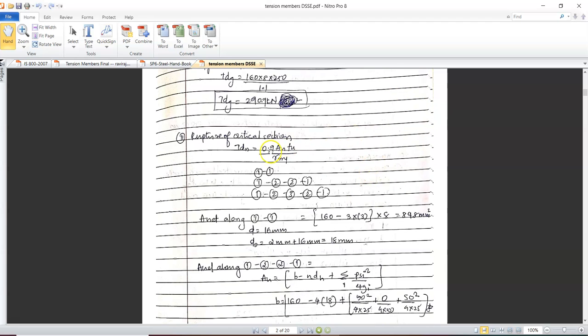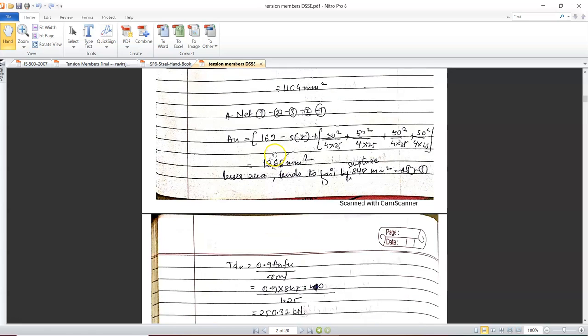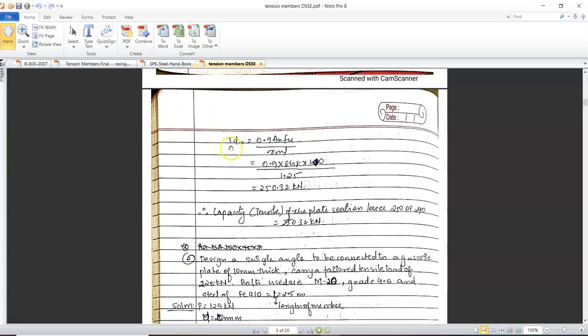This value will be substituted here to calculate the design strength due to rupture of the critical section. Coming back to this formula, TDN is equal to 0.9 into AN, the least of those three areas, 848, FU 410, gamma M1 1.25, referring to table number 5, which is 250.32 kilonewton.